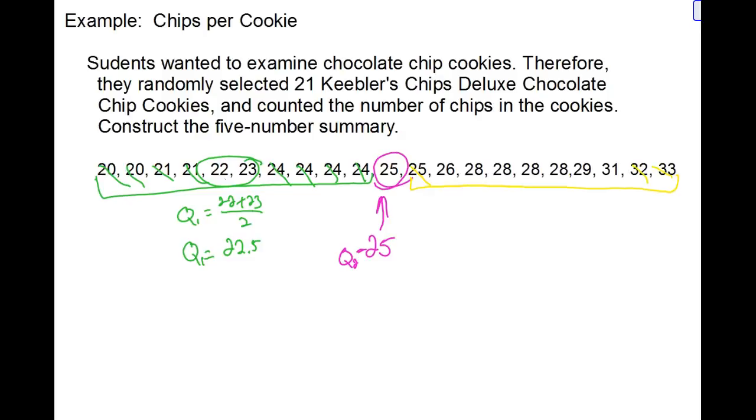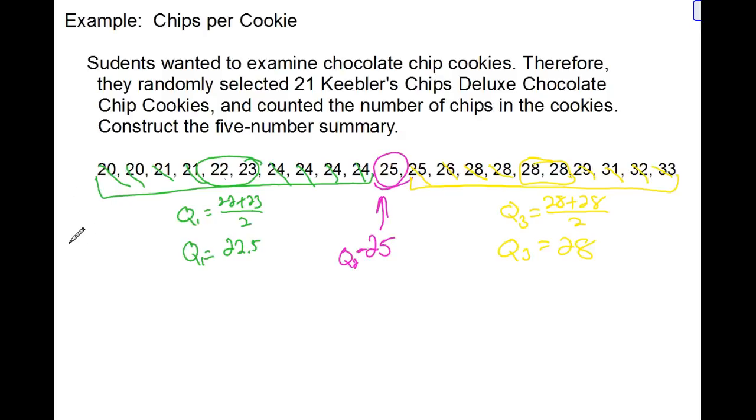I'm going to find the median of my upper half. And that's going to give me these two that I'm going to take the mean of. So that's 28 plus 28 divided by 2. So Q3 is 28. So I now have my first quartile, my second quartile, and my third quartile.